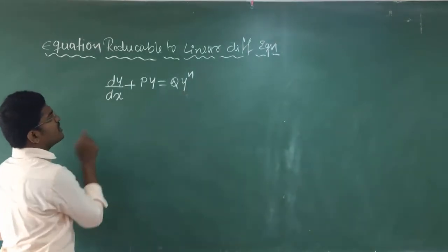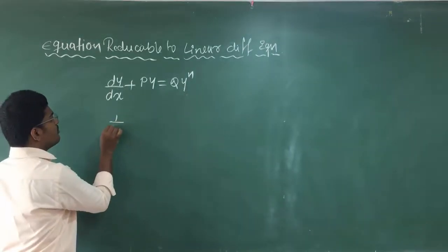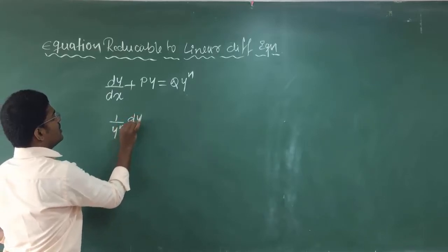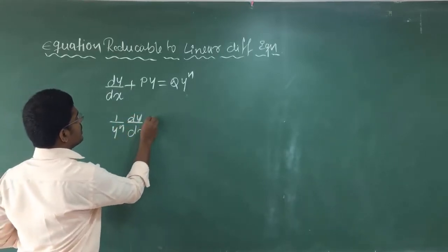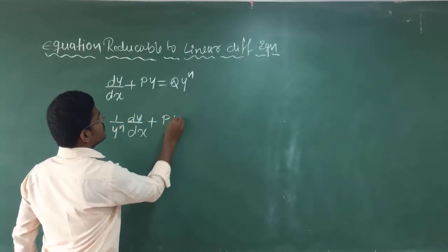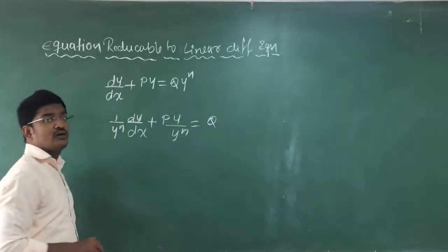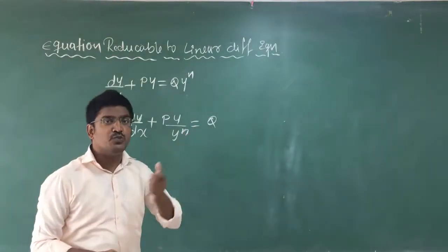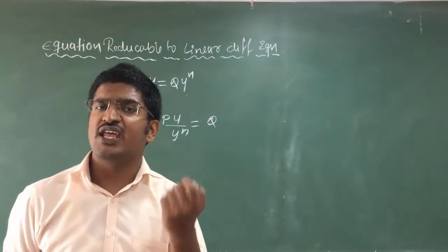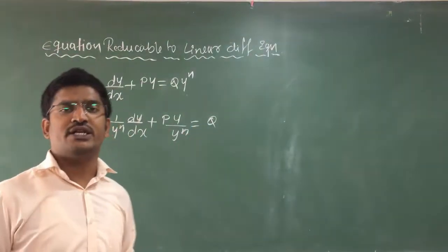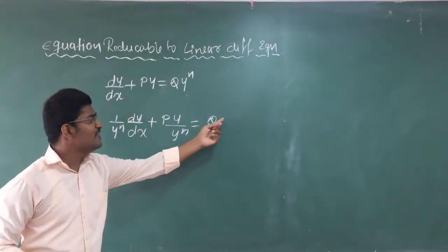I will take y^n on this side. It will be 1 by y^n dy by dx plus p y divided by y^n equal to q. Clear? Because this q has to be made free from the variable y. Then we can solve it. So that's why I will take y^n on this side.